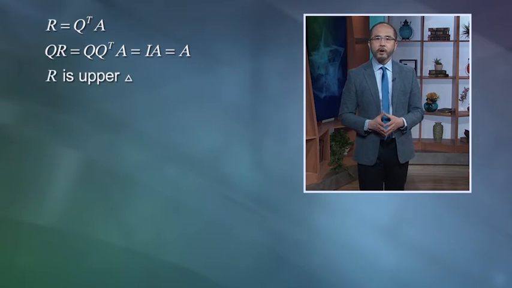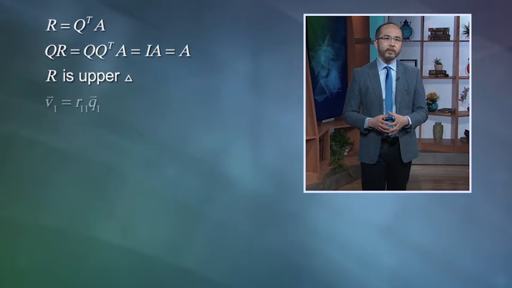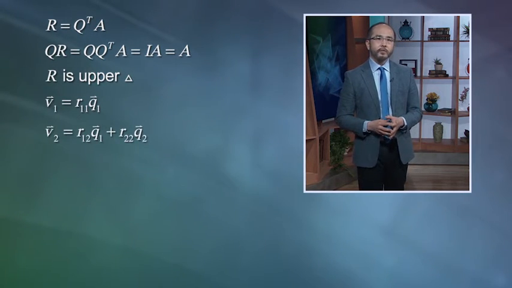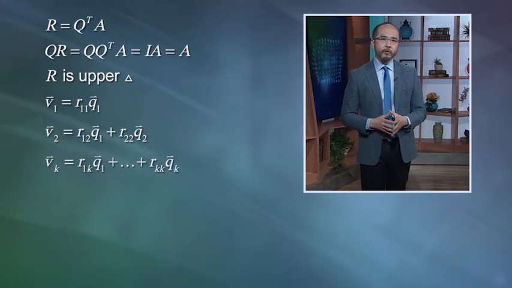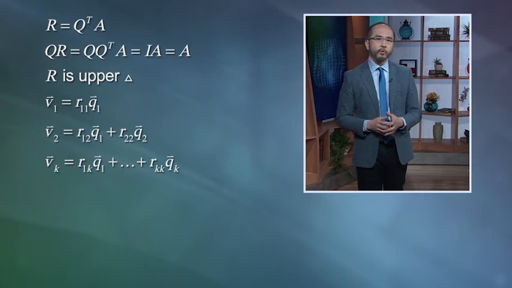The matrix R obtained in this way must be upper triangular, because if you look at how Gram-Schmidt works, then V1 can be expressed entirely in terms of Q1, V2 can be expressed entirely in terms of Q1 and Q2, and in general, Vk can be expressed entirely in terms of the vectors Q1 through Qk.